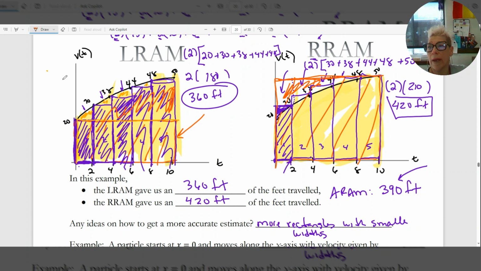So we're going to be working our way into seeing how we come up with the exact answer, and that's coming up in our next lesson.